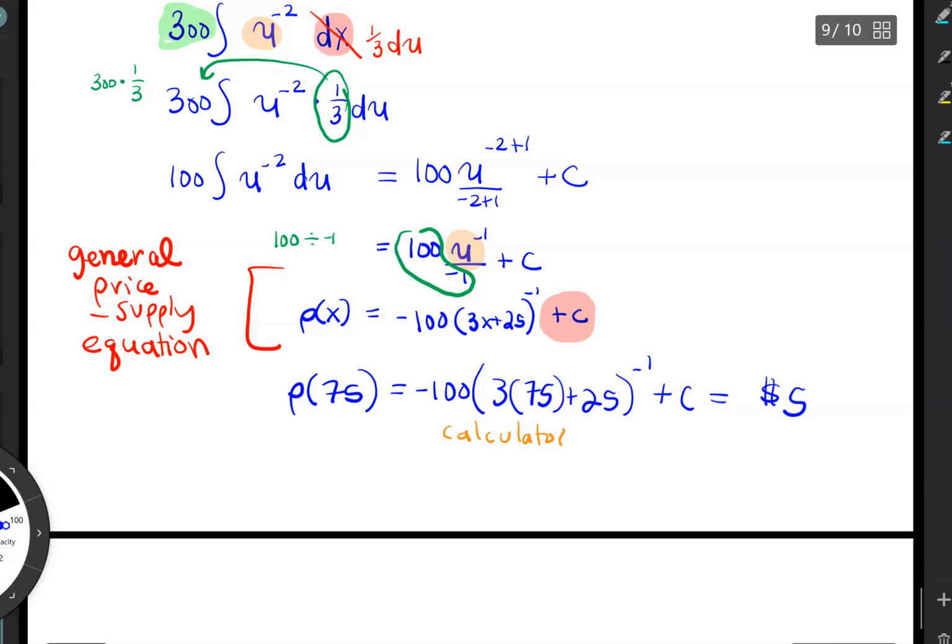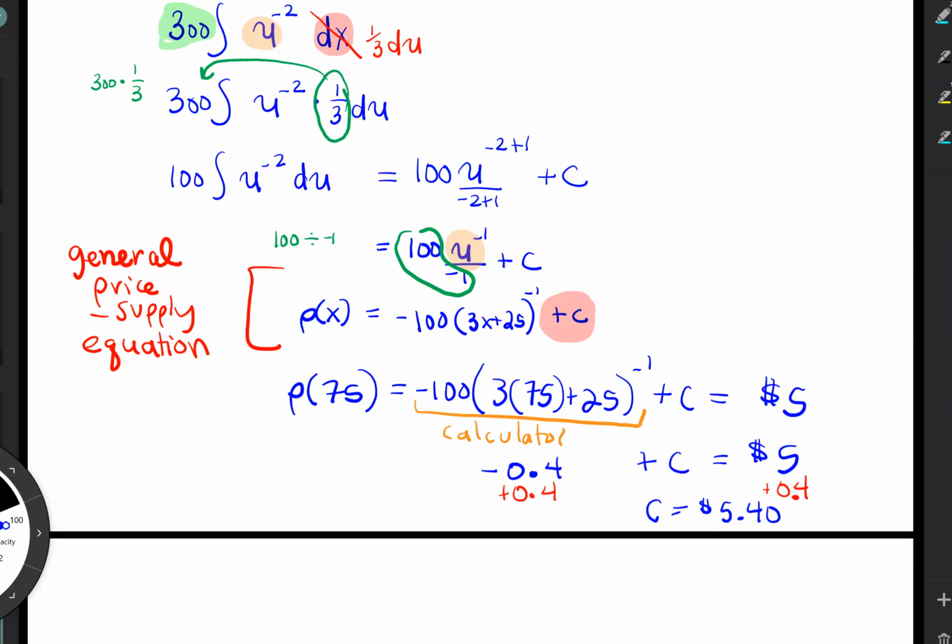When I put all this in my calculator right there, I ended up getting -0.4 plus C equals $5. So if I want to figure out what C is, I just need to add 40 cents to both sides. Okay, so my constant's going to be $5.40.